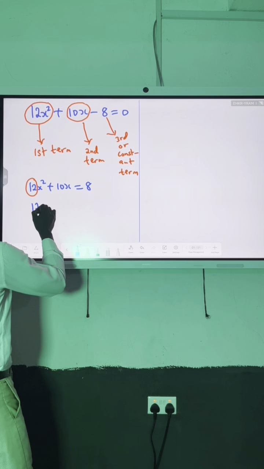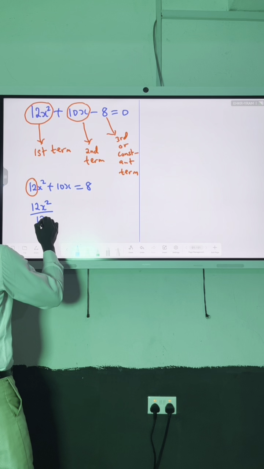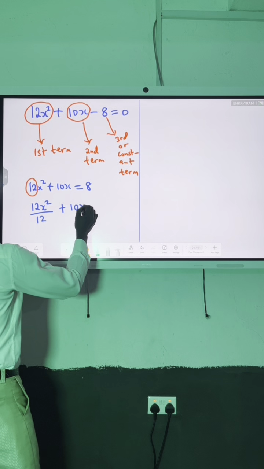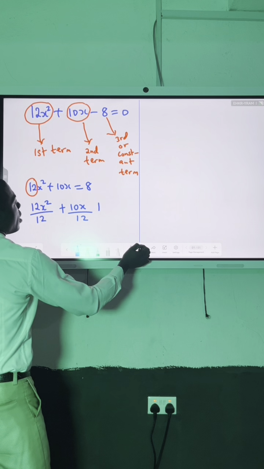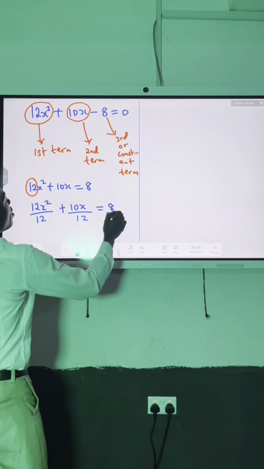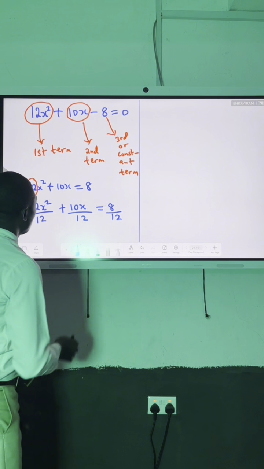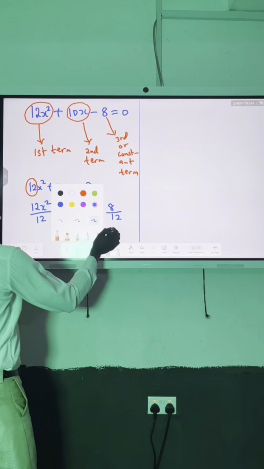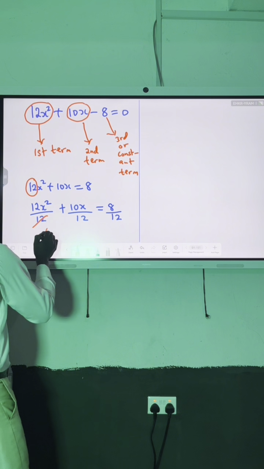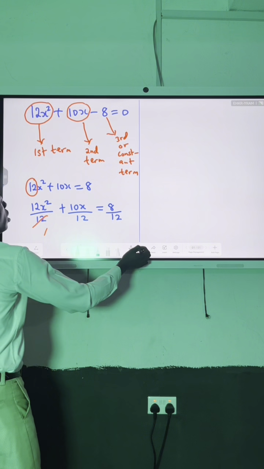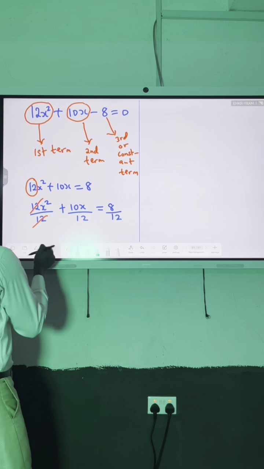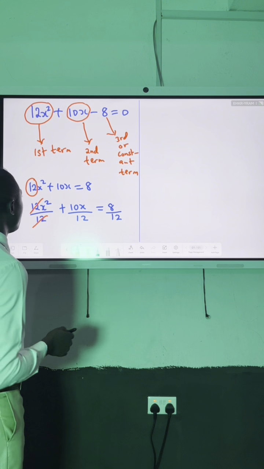So 12x squared divided by 12 plus 10x divided by 12 is equal to 8 divided by 12. Now, let's carry out a form of cancellation. 12 cancels 12, and you get 1 in this case.